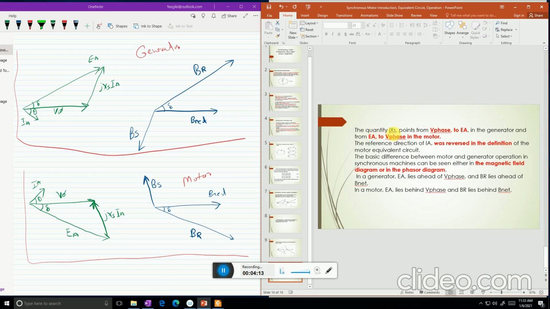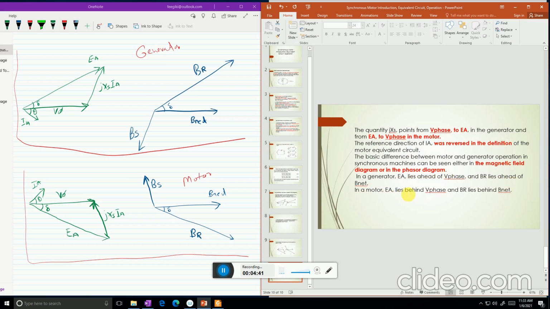The quantity jXs IA points from V phase to EA in the generator, and from EA to V phase in the motor. The reference direction of IA was reversed in the definition of the motor equivalent circuit, so that's why. In a generator, EA lies ahead of V phase and BR lies ahead of B net.